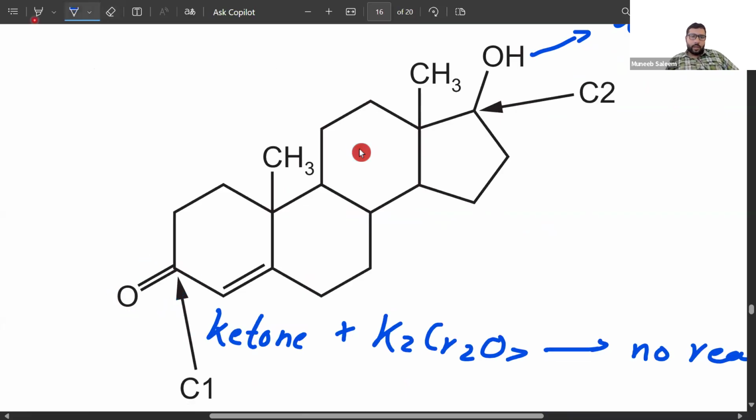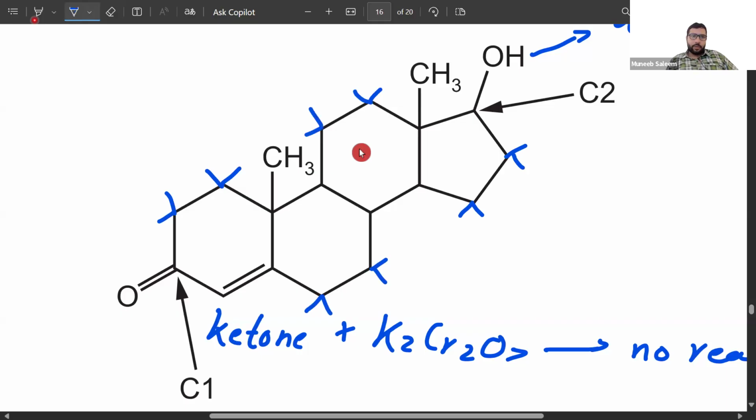We have 2 hydrogen atoms present here, 2 over here, 2 over here, and all these points have 2 hydrogen atoms each.